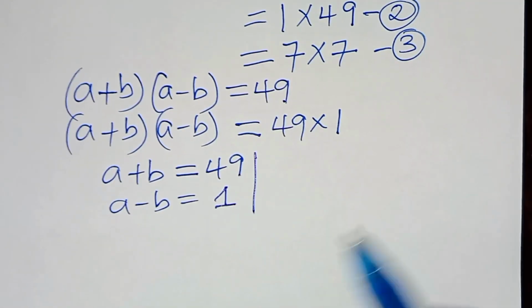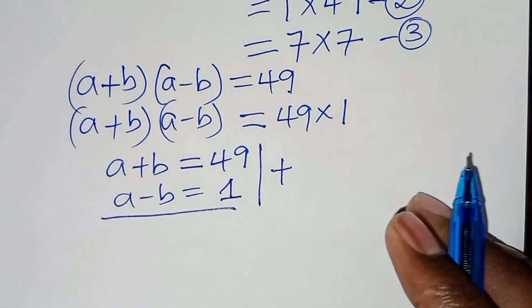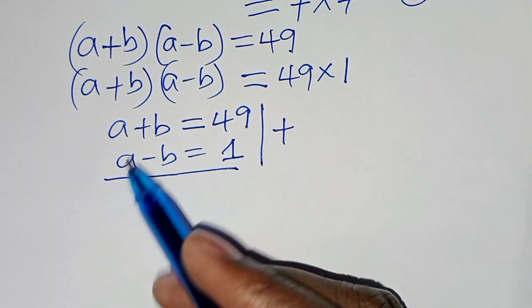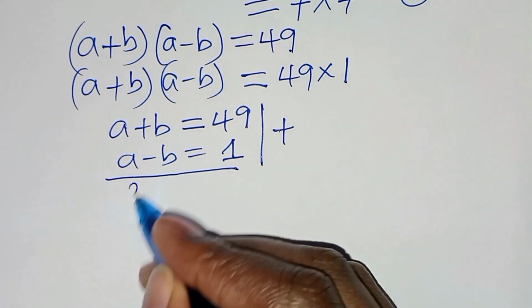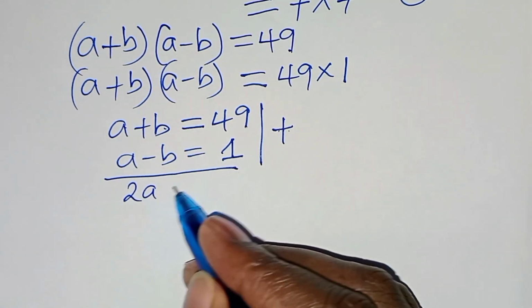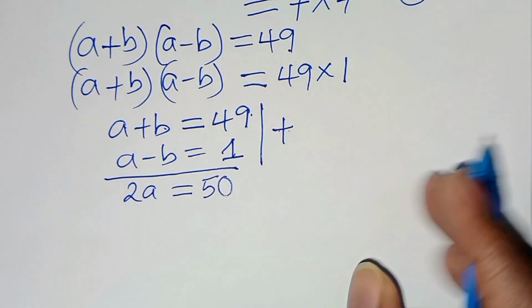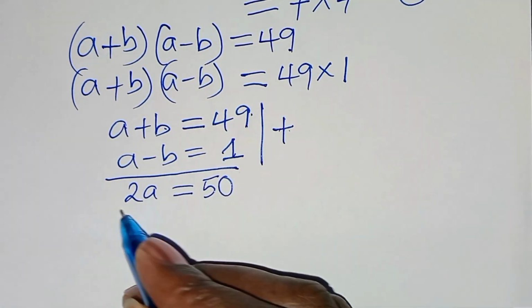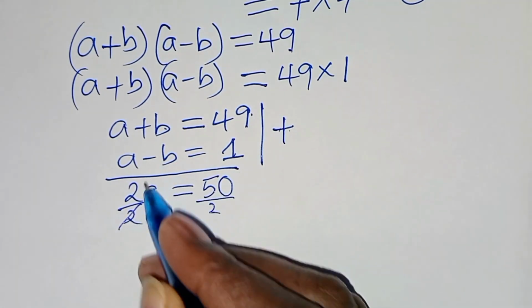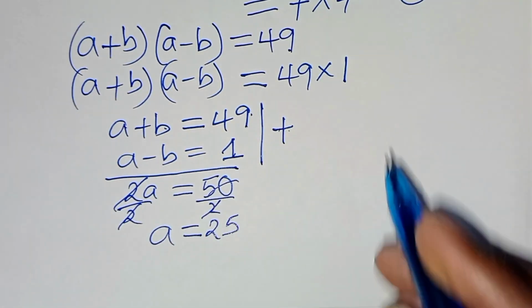So this is a system of two linear equations. Let's add these two linear equations. Here we'll have a plus a, which is equal to 2a, b plus minus b simplifies, and this is equal to 49 plus 1, which is 50. Let's divide both sides by 2, so the value of a is equal to 25.